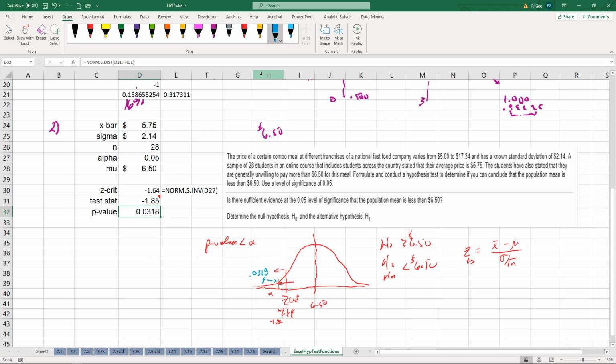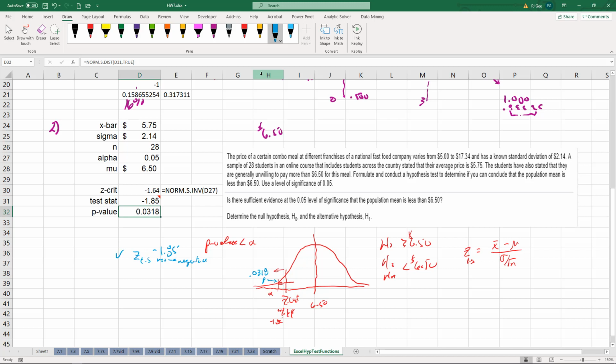The area is 0.0318, and that's our test of significance. So our Z of the test statistic must be more negative. It's larger, but in the negative range, 1.85.